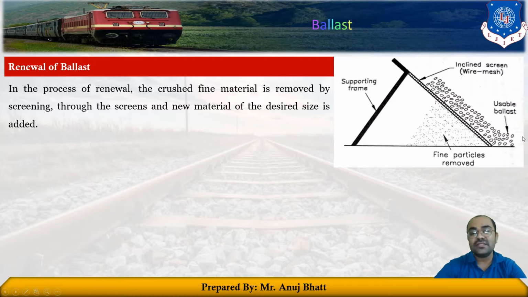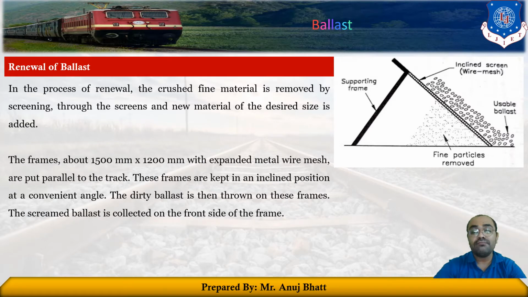The frames of about 1500 mm by 1200 mm, with expanded metal wire mesh, are put parallel to the track. These frames are kept in an inclined position at a convenient angle.